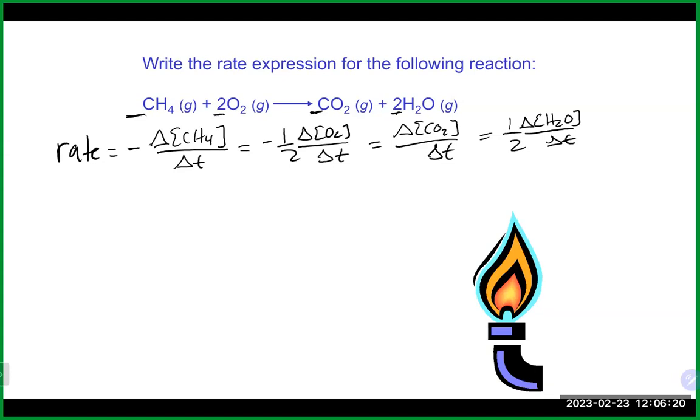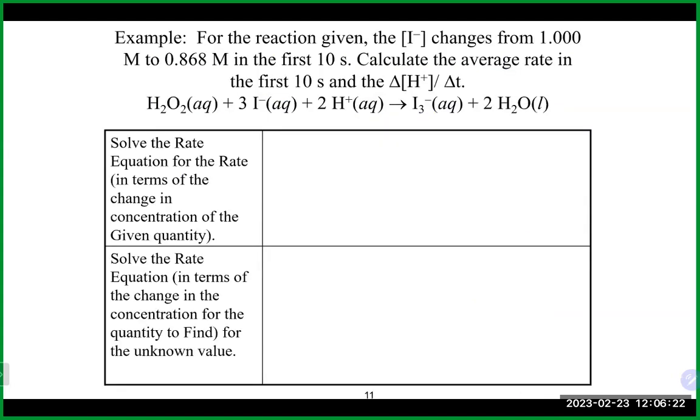All right, so let's take a look at one maybe where there's some numbers and see if we can do some calculations here. So why don't you give it a go? For this reaction, the concentration of I minus changes from 1 molar to 0.868 molar in the first 10 seconds. Calculate the average rate for the first 10 seconds and how the concentration of H plus is changing over the change in time.